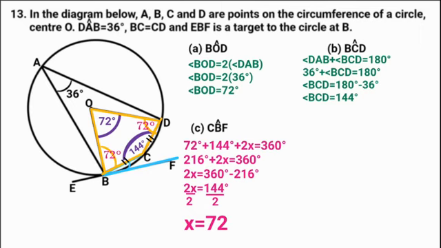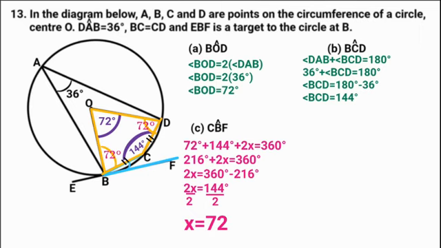Once we have found this, now we can come to this area. I want you to concentrate on it. What we're going to do is see how we can find the value of angle CBF. First of all, we are going to use the perpendicular rule, where two perpendicular lines meet and form a 90 degrees angle.